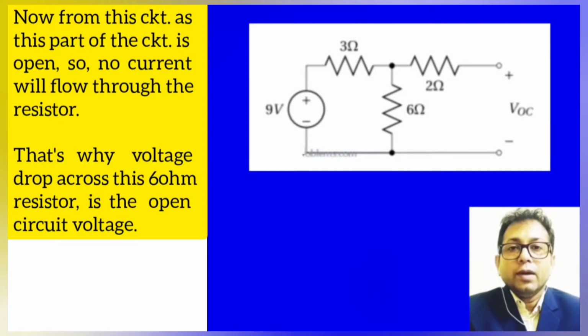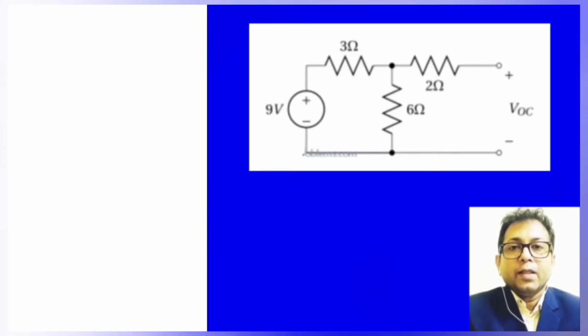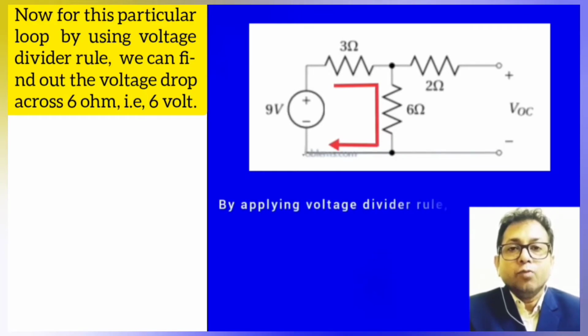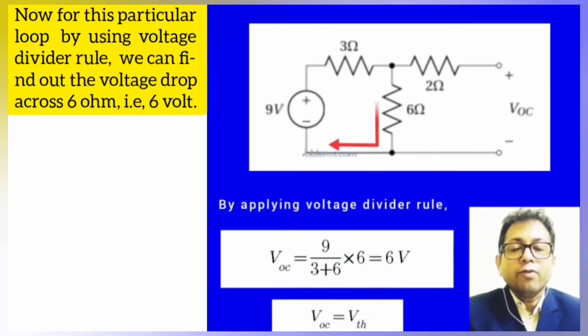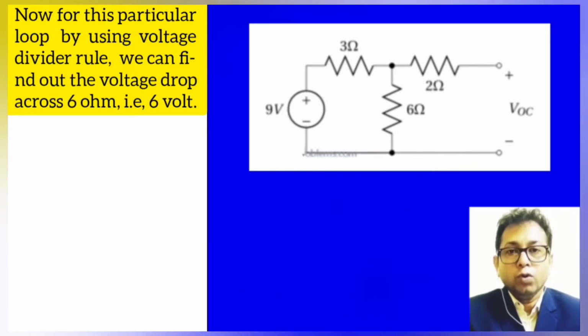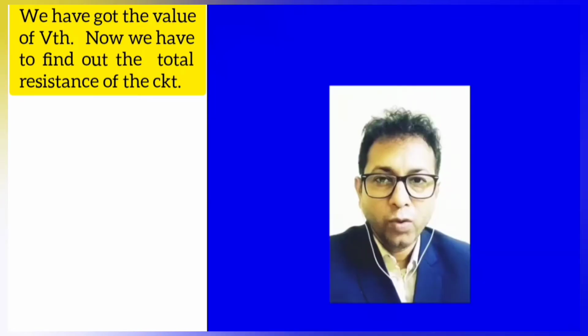That's why the voltage drop across this 6 ohm resistor is the open circuit voltage. For this particular loop, by using the voltage divider rule, we can find the voltage drop across the 6 ohm, that is 6 volt. We have got the value of VTH.